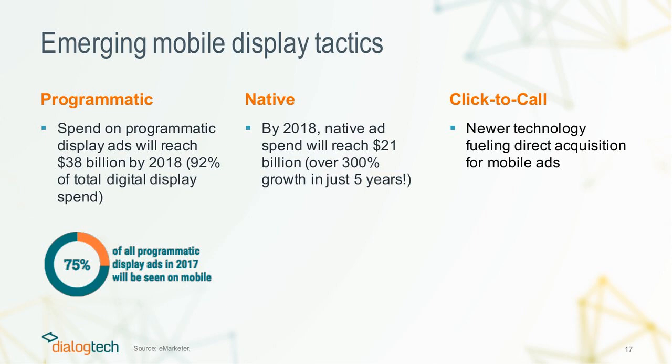So emerging mobile display tactics, and I don't want to say that this has just come out in the past year, but these technologies are still fairly new from the display standpoint. Programmatic, spend on programmatic is going to reach $38 billion, and 75% of that is on mobile. And that's really speaking to the point that consumers are on their mobile device more. So it makes sense for brands, whether you're B2C or B2B, to spend more of your advertising dollars on the mobile device to really reach your consumers in their purchase cycle.